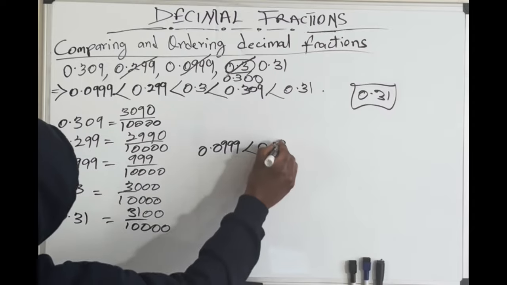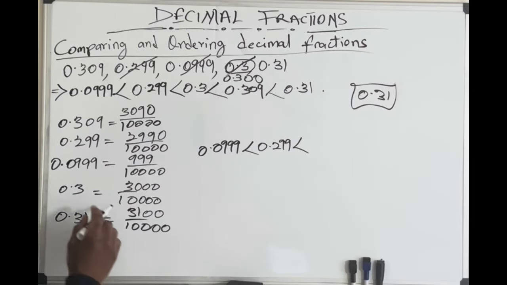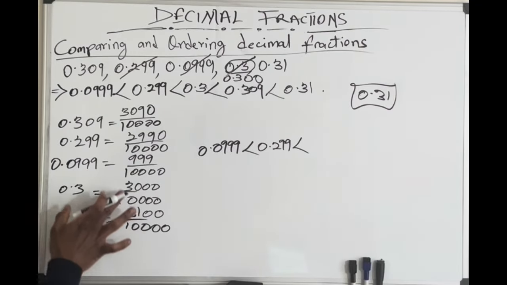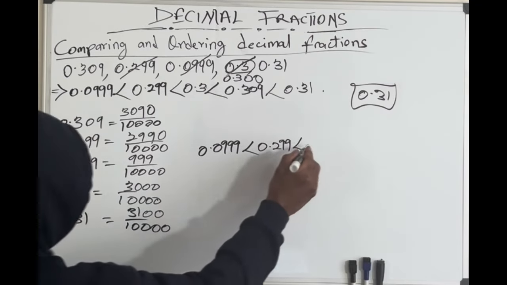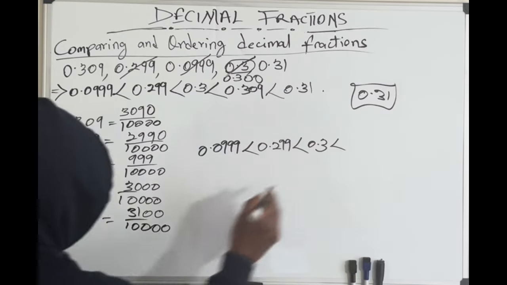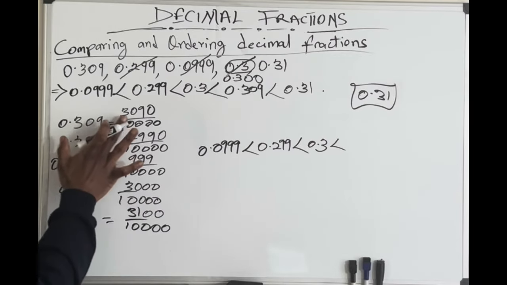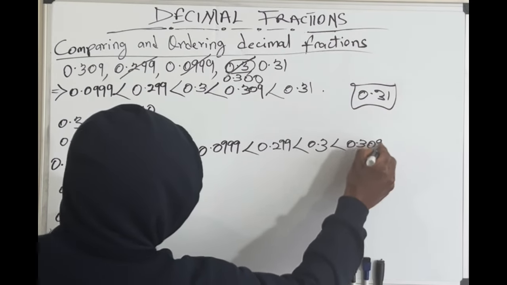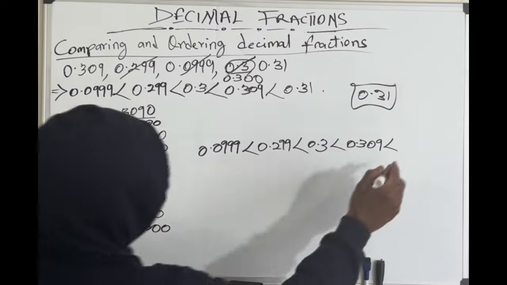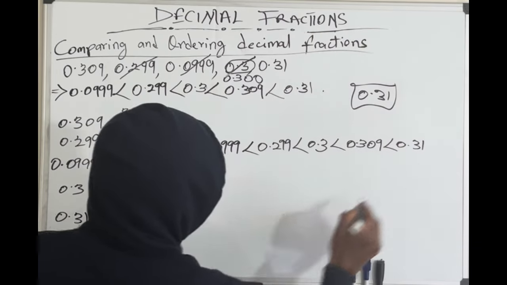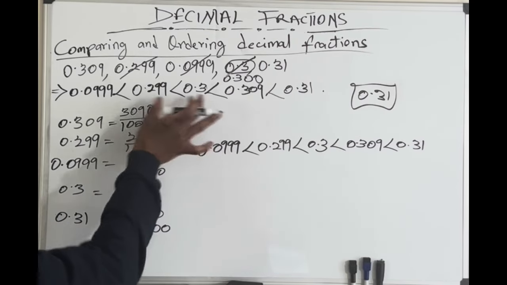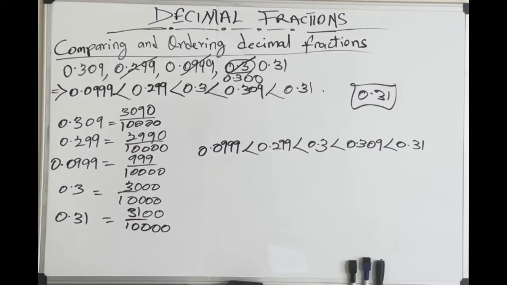So 0.299 is less than what continues. Then we have 3000, so 0.3 is less than. We have 3100, then we have 3090, so this will continue 0.309, and then the last one will be 0.31. So we have the same answer as the first method. So we have two methods. Whatever works best for you, then you go ahead and choose it.